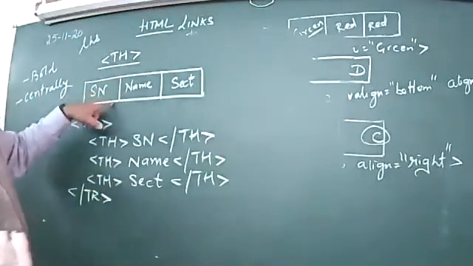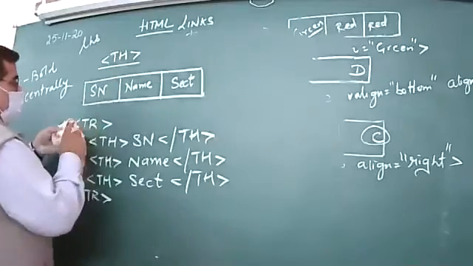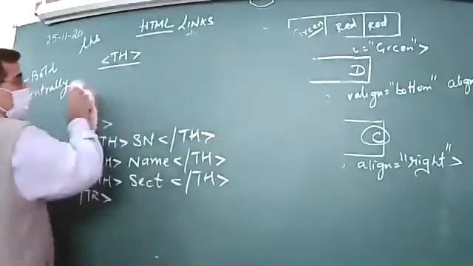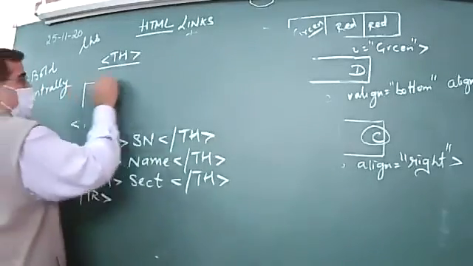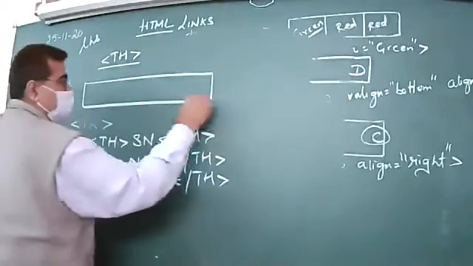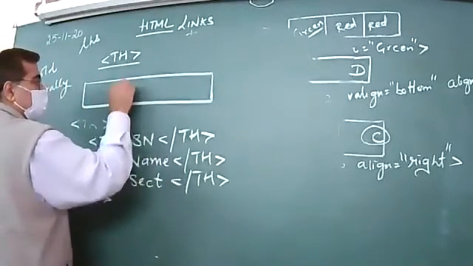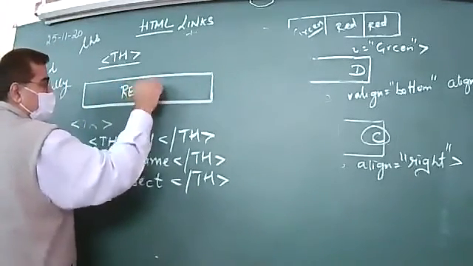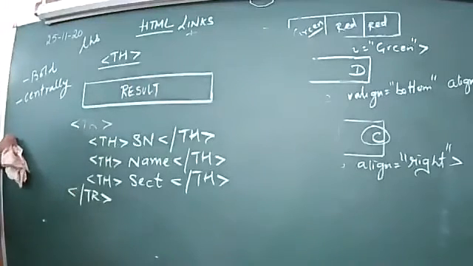Next point for header row. You are having a header row like this. No doubt in the center, but col span feature. One point more I would like to tell you.